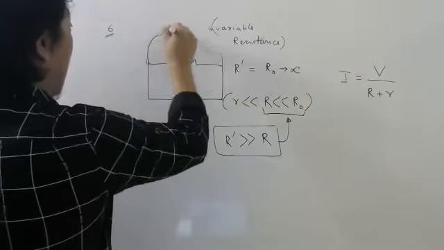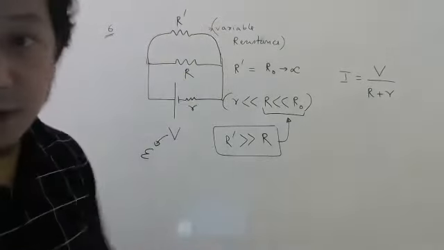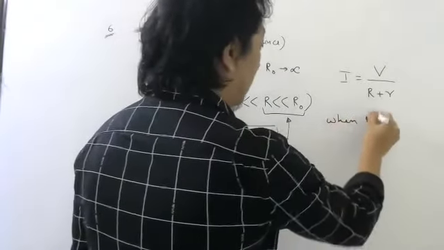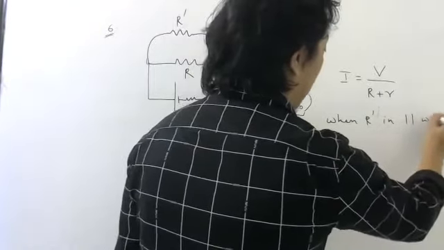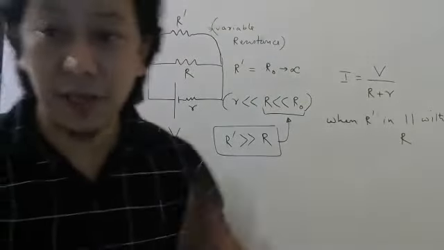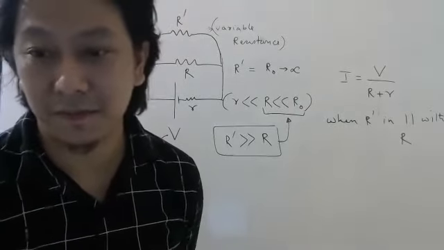Now when you put R dash, I don't care whatever is the value of R dash, when you connect in parallel. So when R dash is connected in parallel with R, equivalent resistance will decrease or increase? Quickly, decrease or increase.